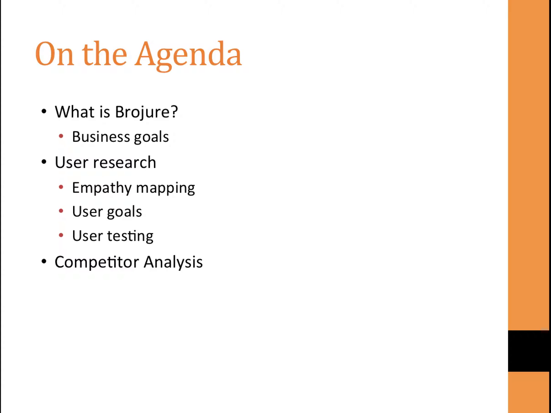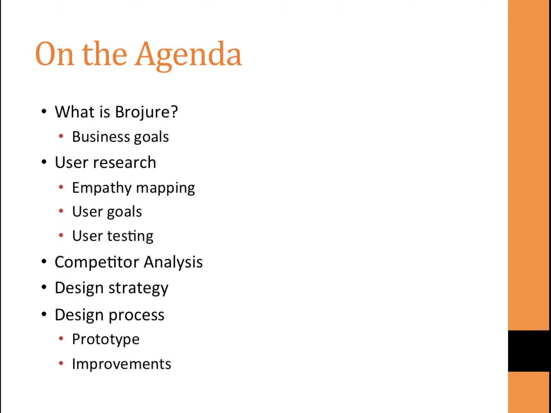And then we'll also talk about a competitor analysis to be able to get your head a little bit around the space that Brochure competes in and how it can differentiate itself. And then I'll share with you my design strategy as I set out to make improvements in the product. And then lastly, it'll be the design process and what I actually did to achieve these improvements.